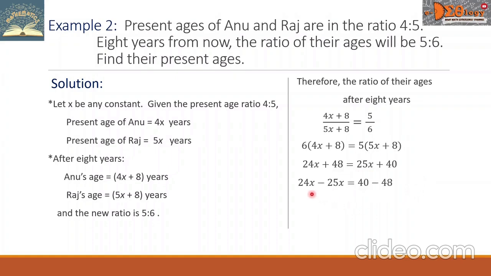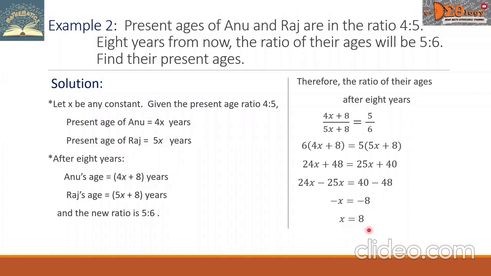This positive 48 we transpose to the right. Then we have 24x minus 25x equals 40 minus 48. The left side is simplified into negative x equals, the right side is negative 8. Let us multiply this equation by -1 so that x becomes positive.